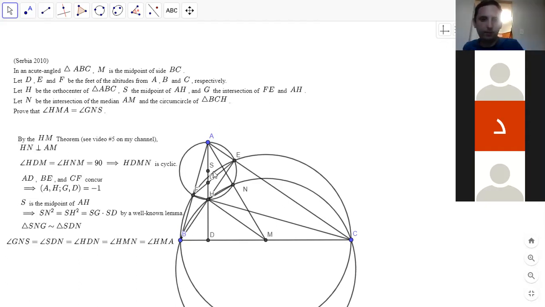I guess it's the same as saying that SE is tangent to that big circle.